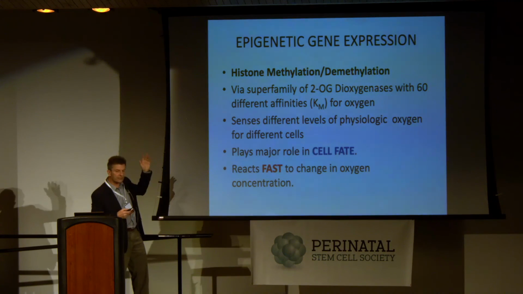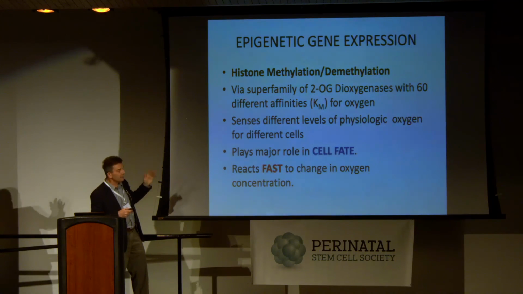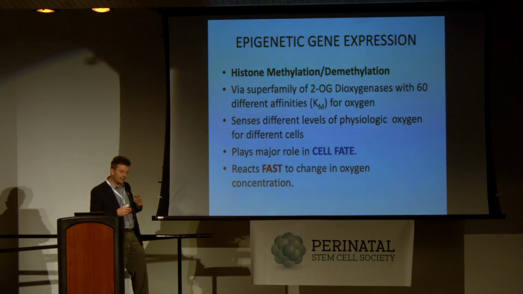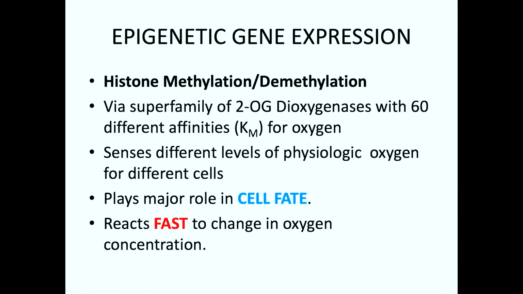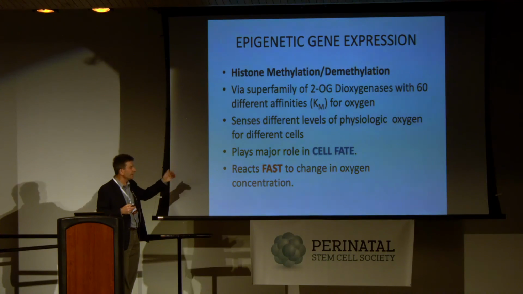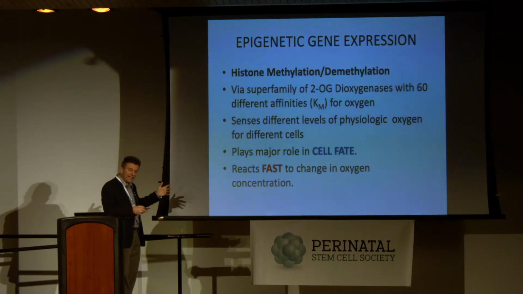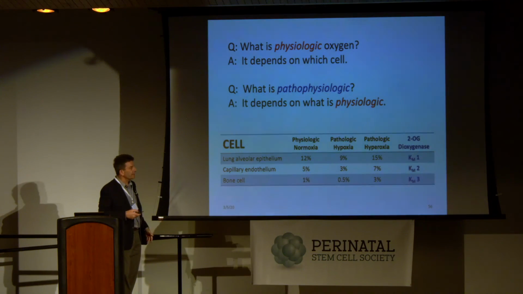And this is now explaining how some of the epigenetic control with histone methylation and demethylation sets the stage for whether you become a B cell or a T cell maybe, or whether you become a heart cell or a liver cell. And this is a fast reaction. And these enzymes are very critically involved in cell fate.